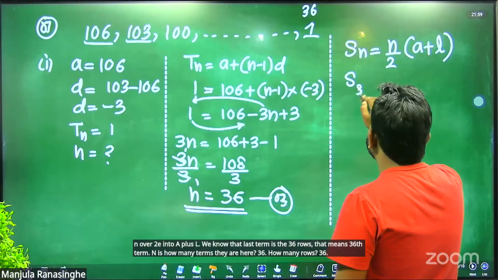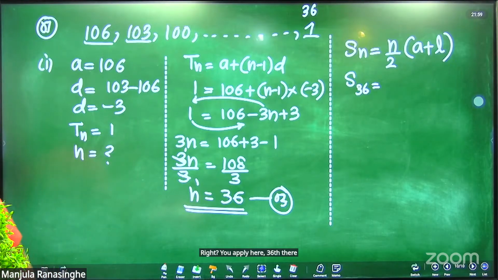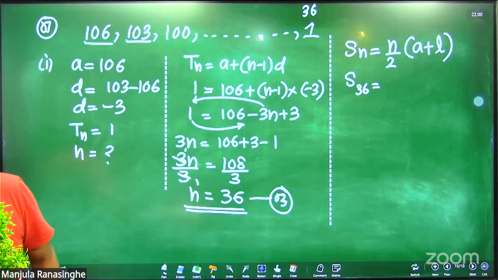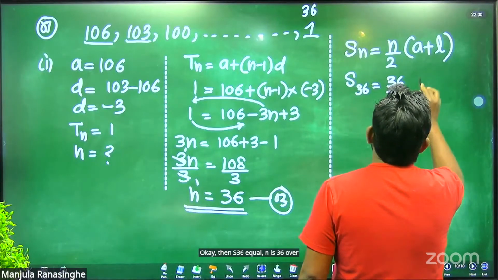So apply S36 equals n is 36 over 2 into a plus l.